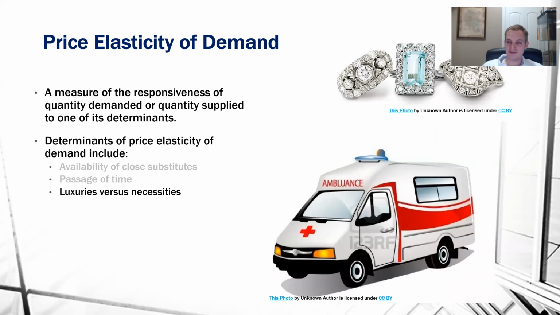Luxuries versus necessities. I think this might be the most straightforward example I'm going to be going over today, but this is just where our demand curves are going to be elastic for those luxury items, in this case jewelry, and it will be relatively inelastic for goods or products that are deemed to be necessary. So in this case, ambulance service.